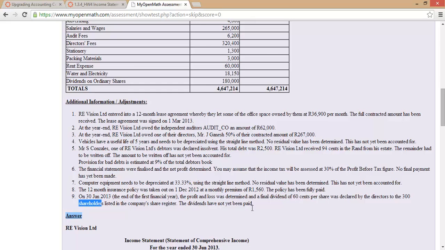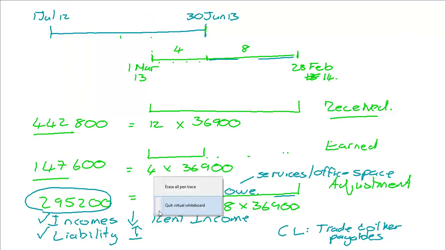Right, so the couple of key things here. Number 1, we know that the dividends have not yet been paid, which means that we do have a liability. Alright, so we're going to have a liability that increased because we've declared the dividends, but we have not yet paid it. So our liability is going to increase. And the specific liability is called shareholders for dividends.